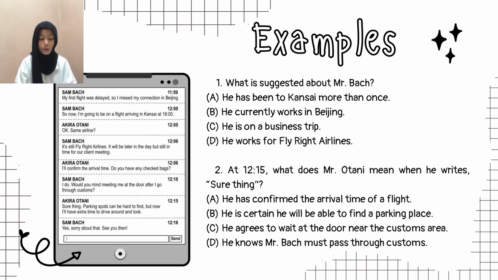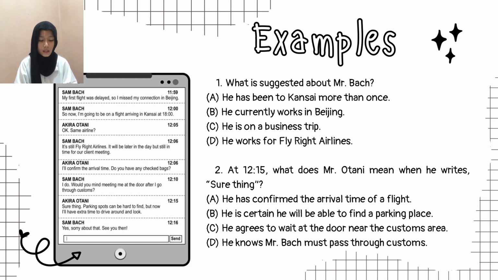And then you read the question again. What is suggested about Mr. Batch? Then you read the multiple choices carefully so that you may find the correct answer. A is he has been to Kansai more than once.